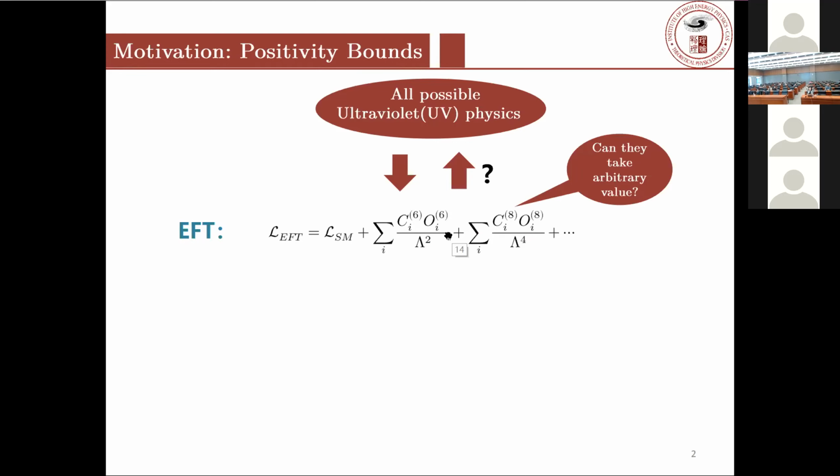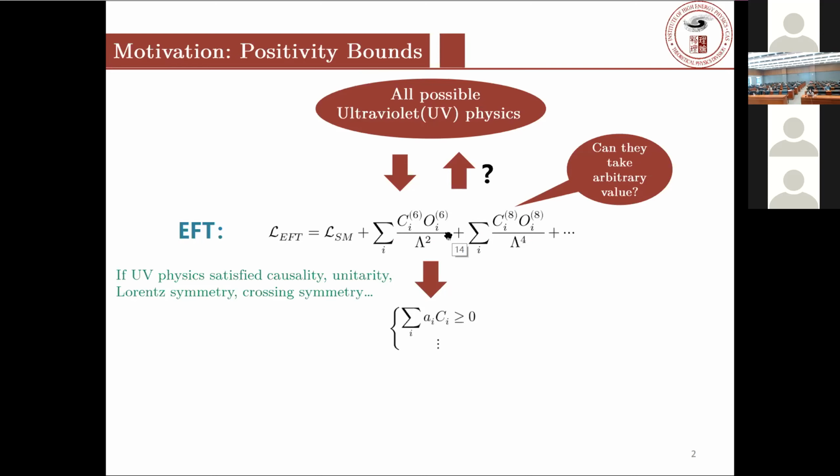The possible answer is that if we assume the UV states satisfy unitarity, causality, Lorentz symmetry, or the crossing symmetry, then we get a set of inequalities that constrain these coefficients. These are called the positivity bounds. Only the EFTs allowed by these bounds can have a UV completion.